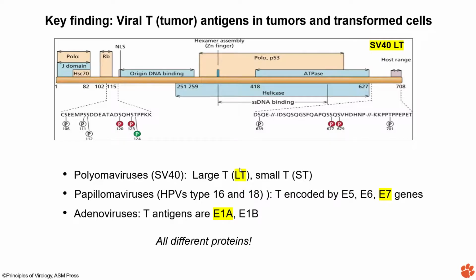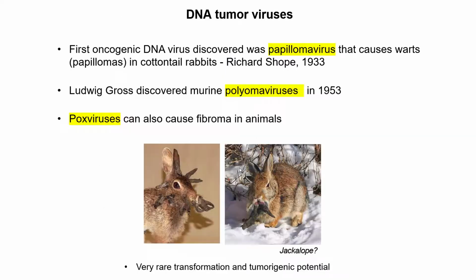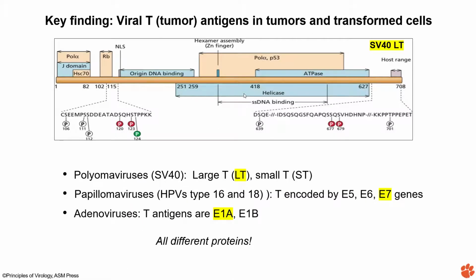Next, among the DNA viruses, we have the polyomaviruses, and SV40. We have talked about SV40 LT for a long time. And now you know that this is LT, large T antigen. We did not define what T is.